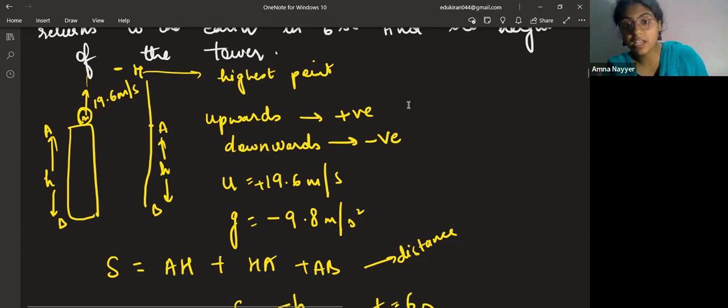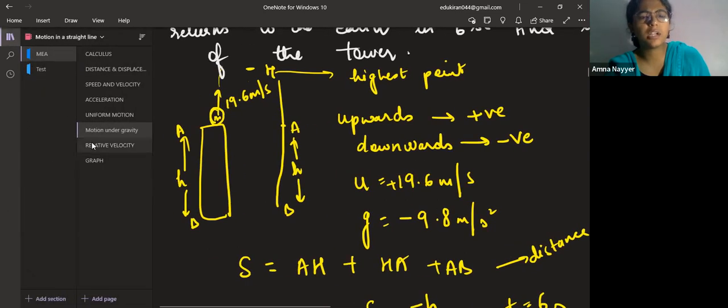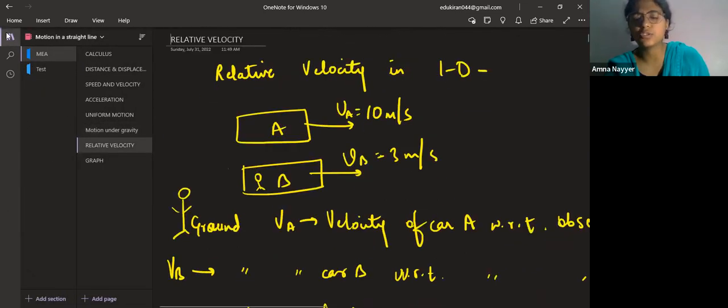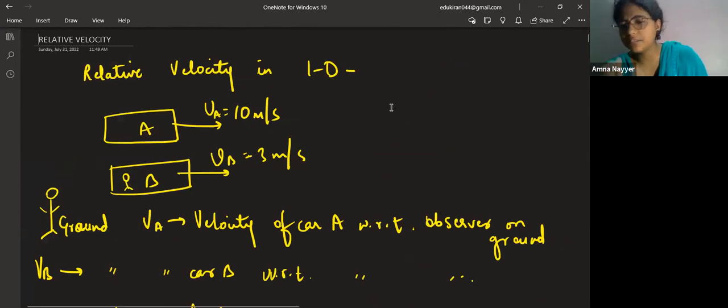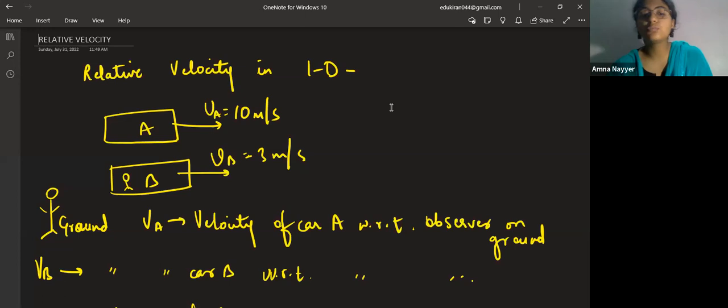Sign conventions are very, very important for your kinematics equations, for your mechanics. Fine. So in these questions, relative velocity is very easy in motion in a straight line. You just have to take the difference. But the problem is that students forget to put the sign. If both are in the same direction, both will have the same sign, so it's better to take positive.